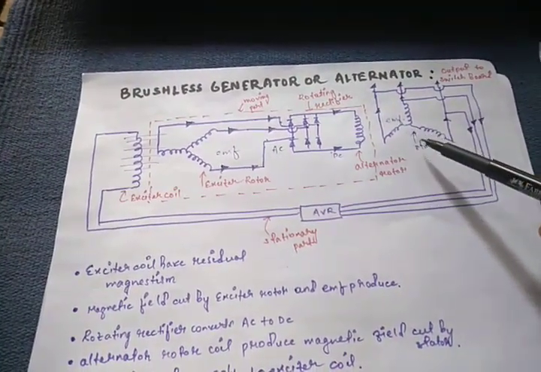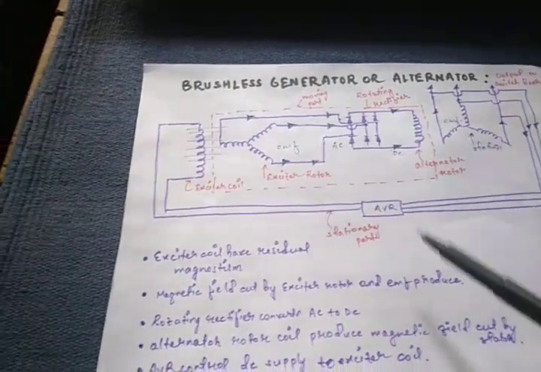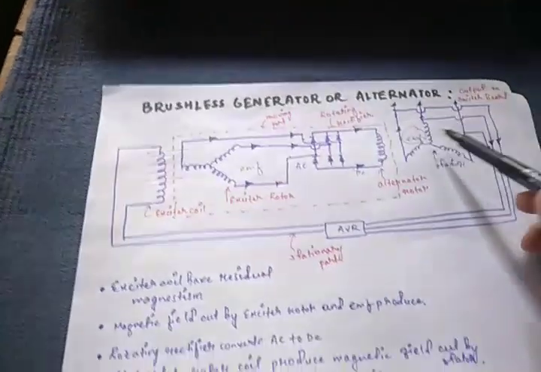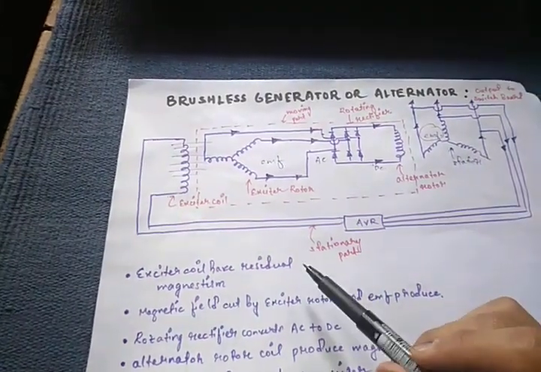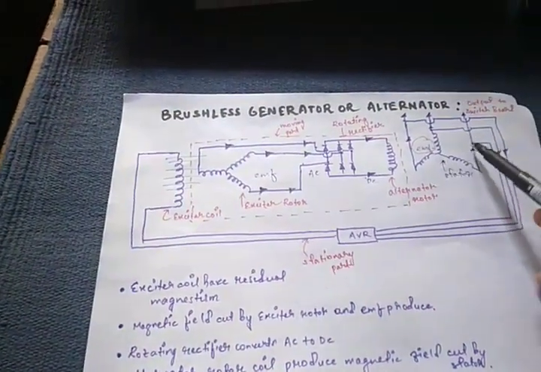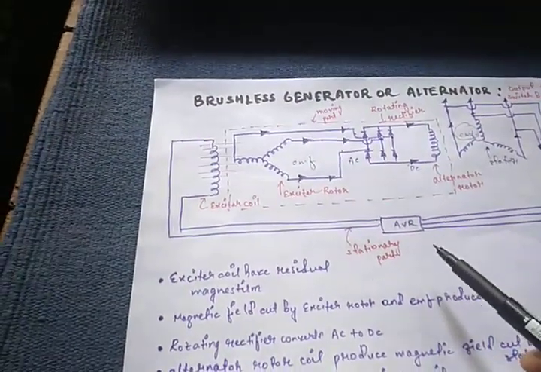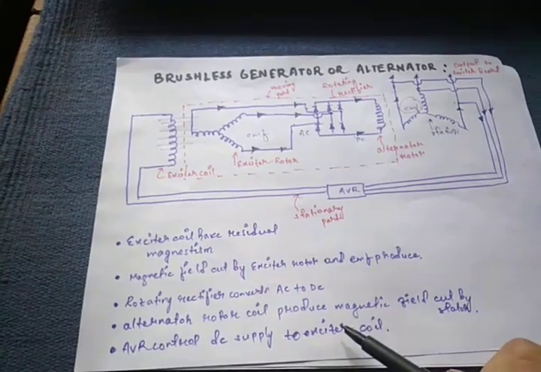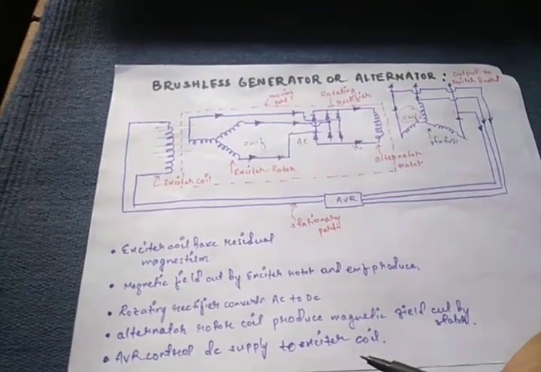Hence again the EMF is produced here, in the stator. It goes to the various consumers and also to the AVR. And the AVR controls the voltage to the exciter coil, and it also maintains the DC supply to the exciter coil.